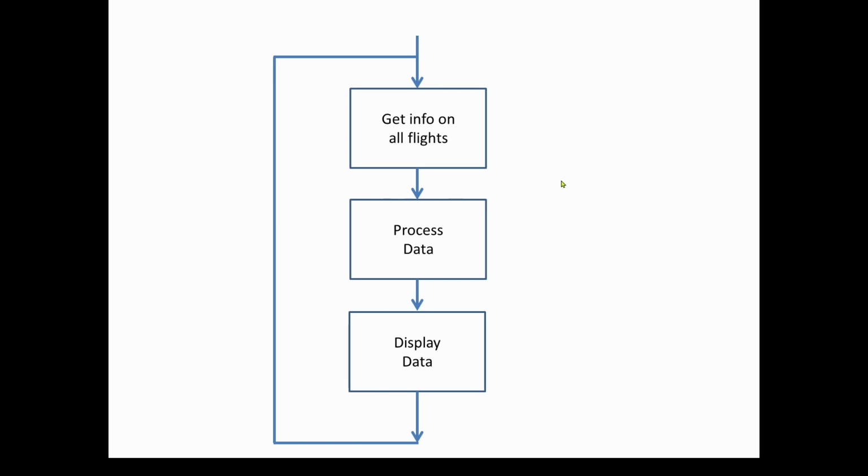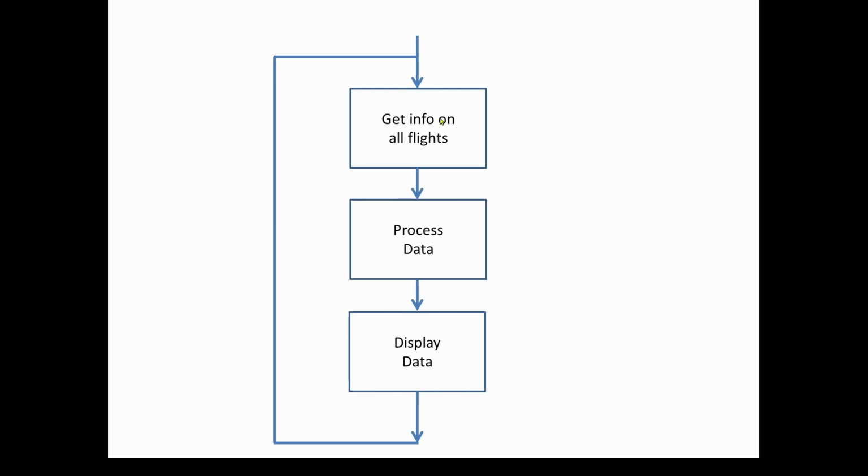So as you can imagine, there's going to be about 3 major functions in this application. First of all, we're going to be getting info on all the flights that are detected every second or two. Then we're going to have to do a lot of data processing because we might have 20 or 30 or 40 flights. Each one has got a lot of information associated.